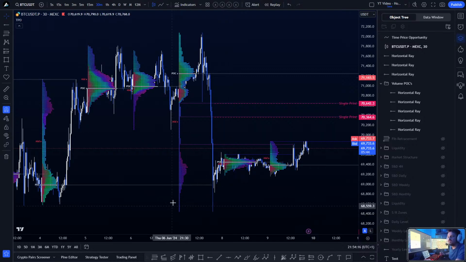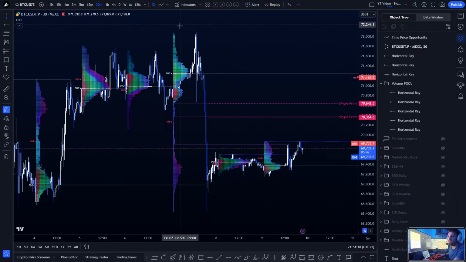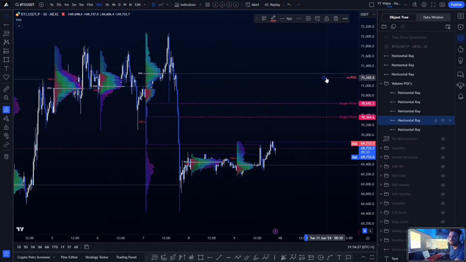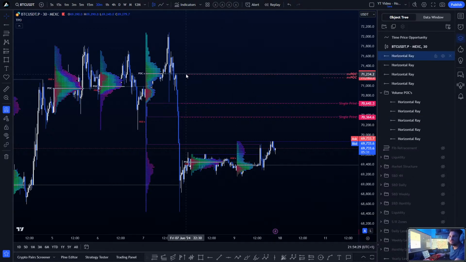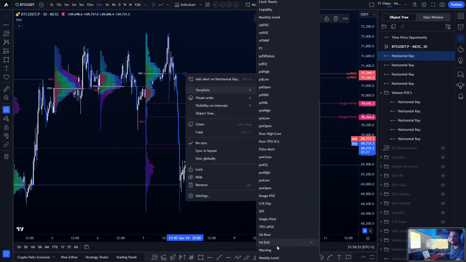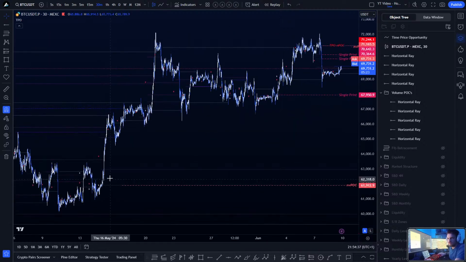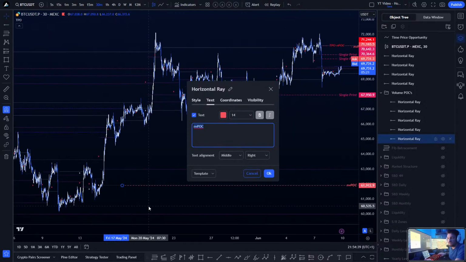This is a good low. Keep that in mind. This is not as good of a high. And oh, point of control of TPO there. We got more down. Oh, this guy is naked volume point of control and TPO point of control.